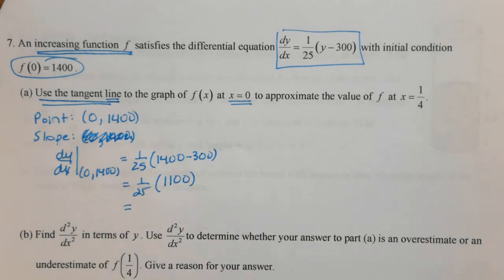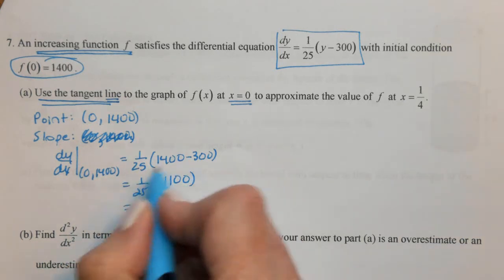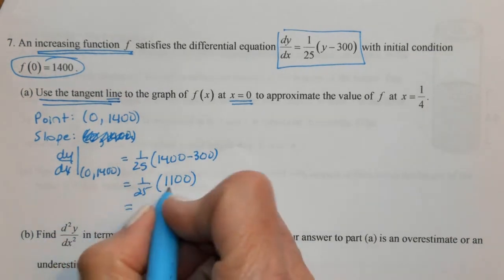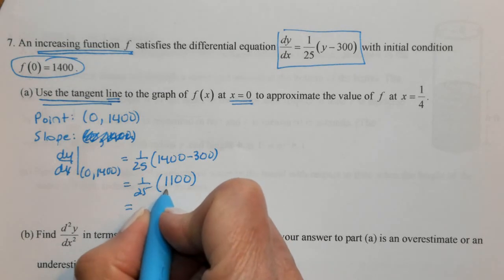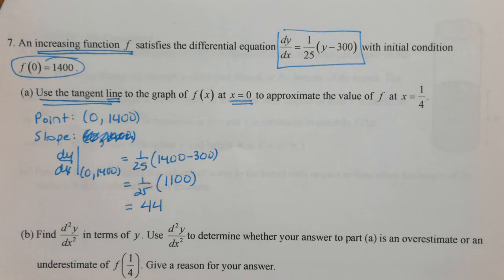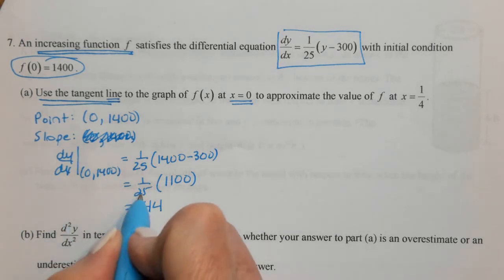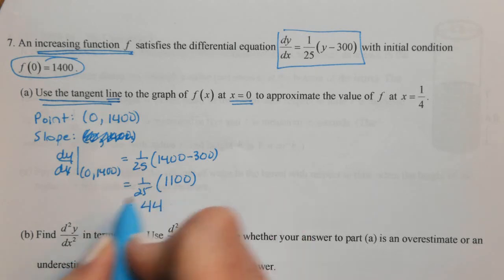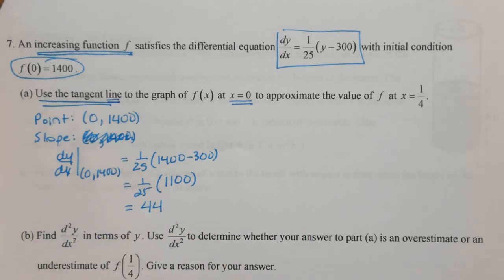So how many times does 25 go into 1100? I would probably just safe stop and leave it there, but let's see. It goes 44 times, okay? Because there are 4 25s in each 100, right? And we have 11 of those. And 11 times 4 is 44. All right, I had to talk myself through that.